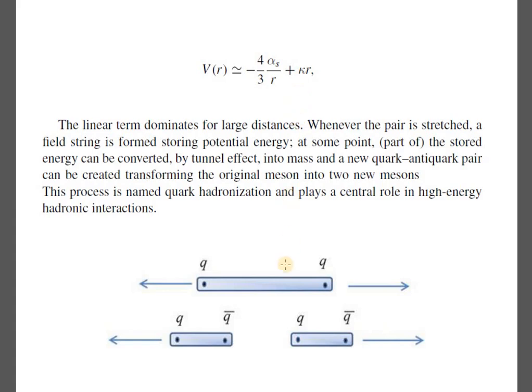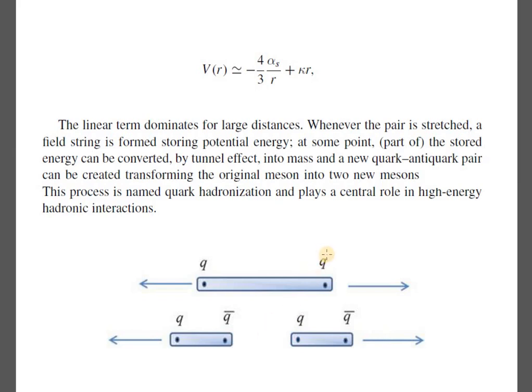Whenever this pair is stretched, a field string is formed, storing potential energy like this. And at some point, part of the stored energy can be converted by tunneling effect or so into mass, and a new quark antiquark pair is produced.